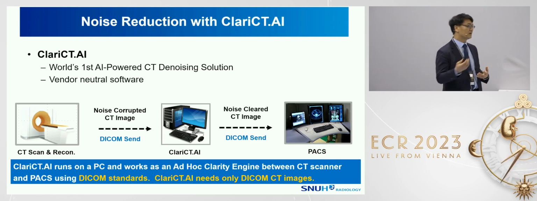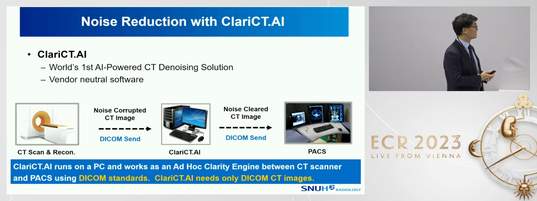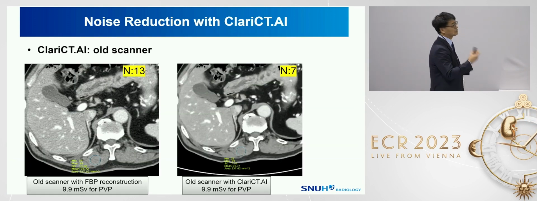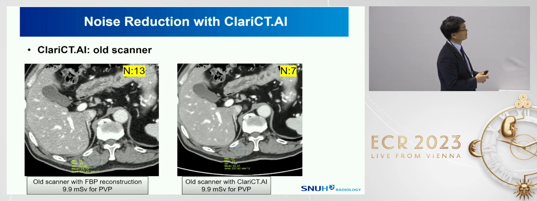If you have a CT exam from another center, you may not have consistently high quality images. In this situation, you can apply ClariCT.AI because it is image-based and works at the DICOM level. Here is an example.